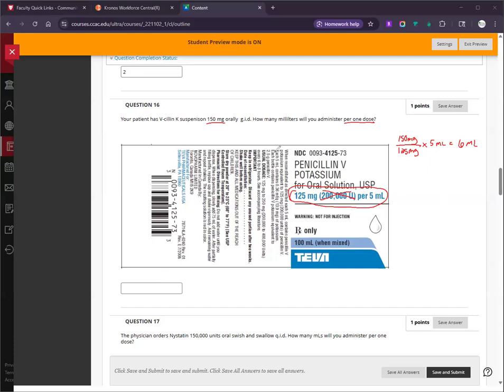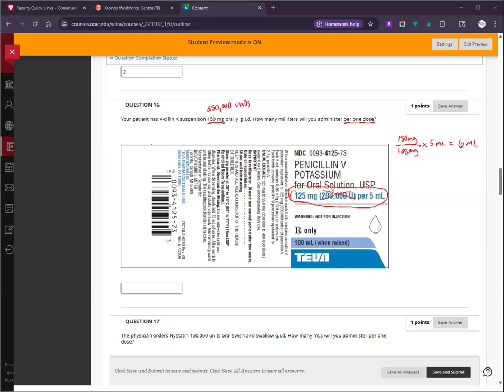Now, let's say this did say, instead of 150 milligrams, it told you 250,000 units. That was your order. Then you would ignore the 125 milligrams and then solve for the 250,000 units. Okay, or use the 200,000 units to solve for this. That's all that means.